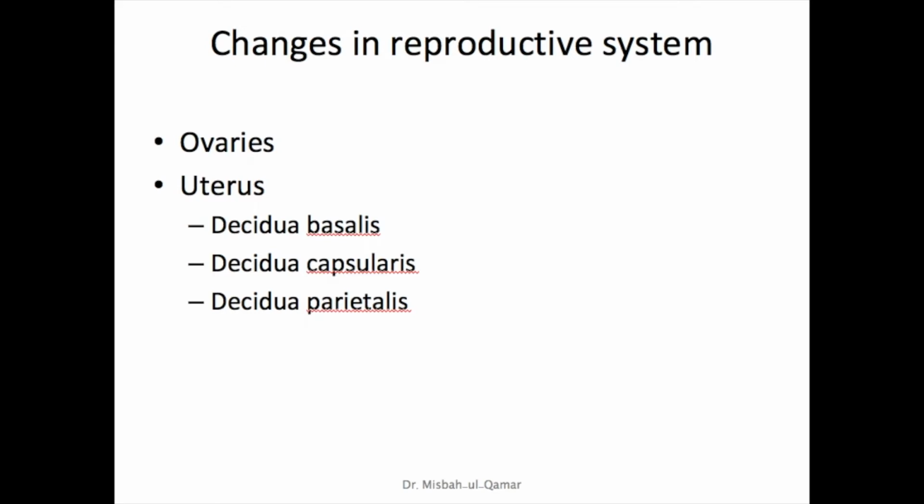It involutes after 3 months till the placenta is fully developed. Since there is no secretion of FSH and LH due to excessive estrogen and progesterone, no ovulation occurs.